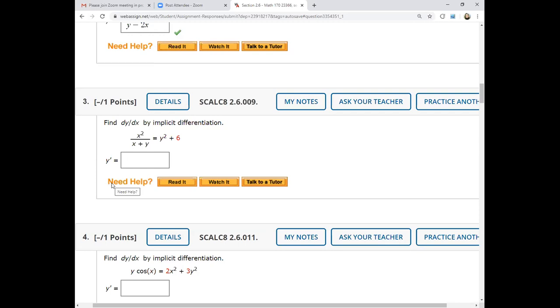I didn't see that those canceled, but they do. So basically it's x times the quantity x minus 2y, all over x squared plus 2y times the x plus y squared. Yep, that's what I have. That's basically just moving those things over and putting it under. The last step is to divide by the coefficient of dy/dx.